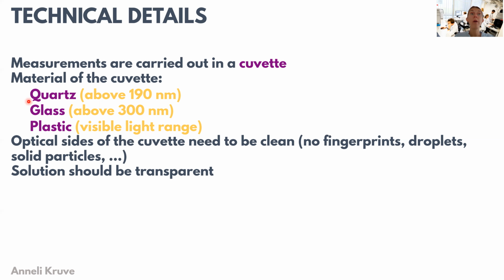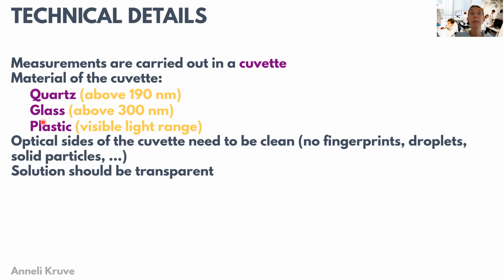If we are good to go with wavelengths above 300 nanometers, then we can do measurements also in glass cuvettes. Quartz cuvettes are much more expensive than glass cuvettes, and they are also more fragile. So if we are above 300 nanometers, we usually don't want to use quartz cuvettes, just to be on the safe side.